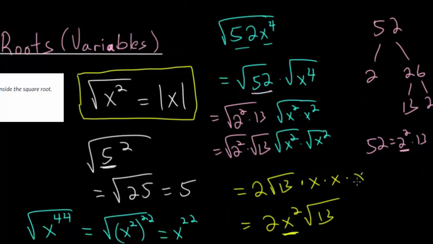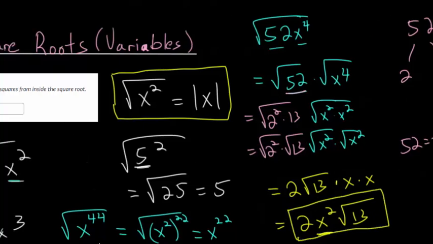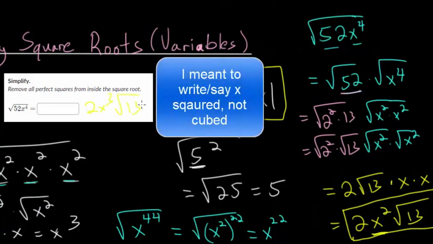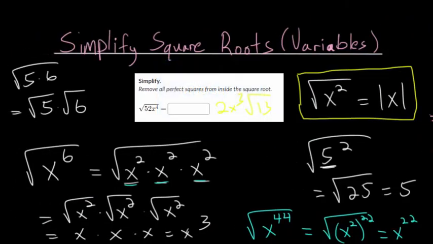Now, if there was a third one, then we'd have to be more careful here, because then you'd have an x cubed, and that's not guaranteed to be positive. In fact, that could be a negative number. Negative 3 cubed is negative 27. But regardless, this is our final answer here. And so that's what we'd put in the box. We have 2x squared times the root of 13. So let's keep going with these. We'll do several example problems.